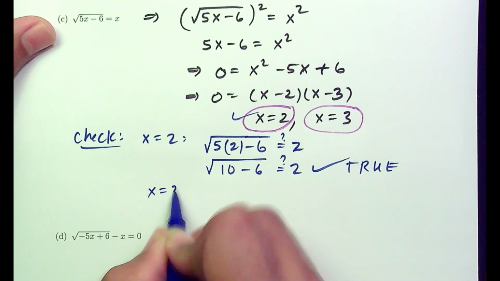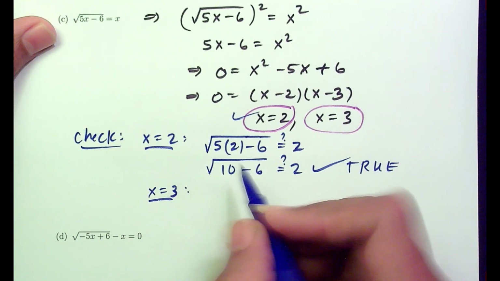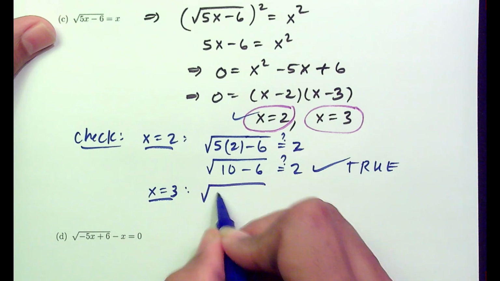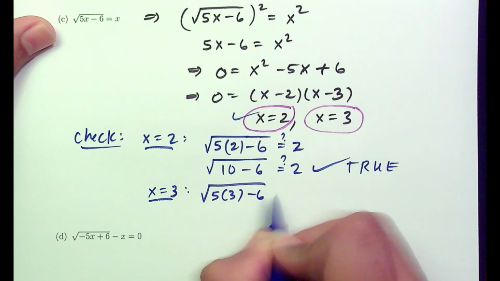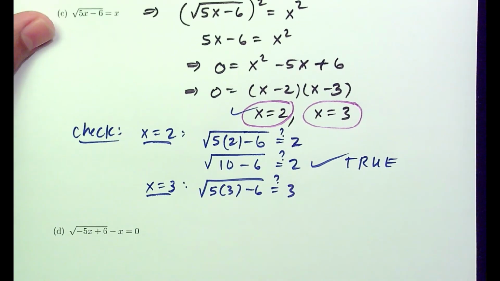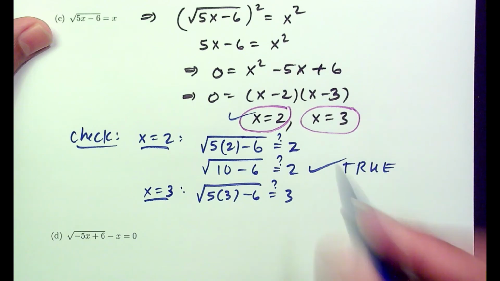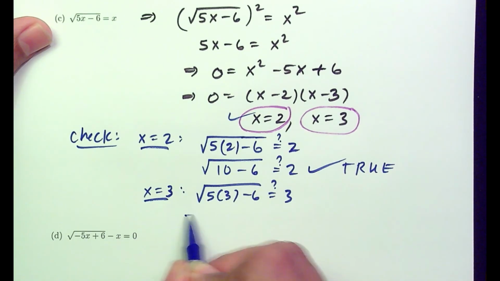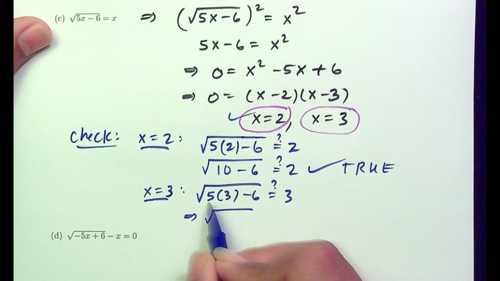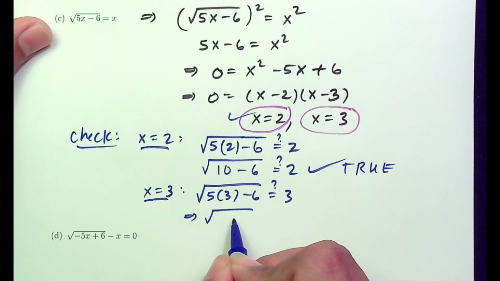How about x equals 3? Square root of 5 times 3 minus 6, is it true that that's equal to 3? I'm plugging in, remember, x equals 3 on both sides. 5 times 3 is 15.